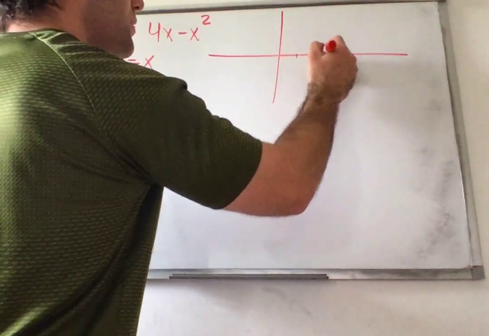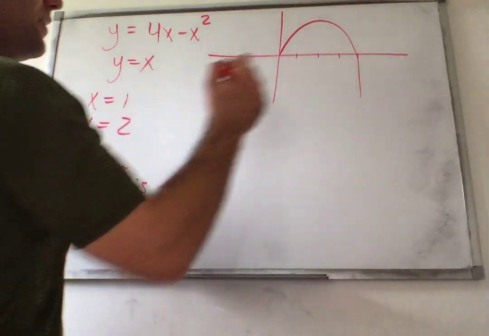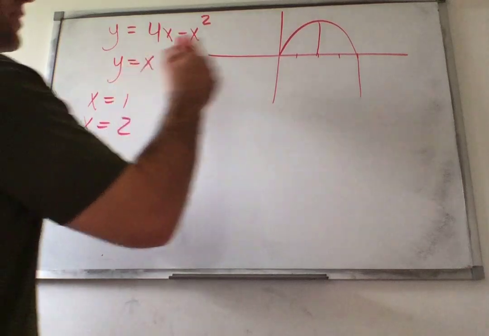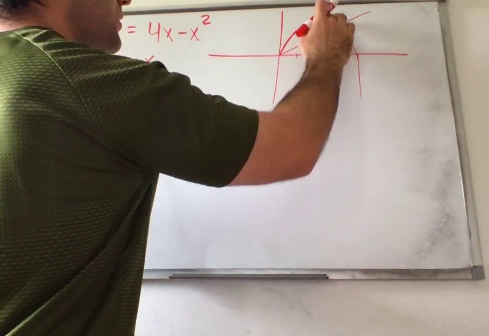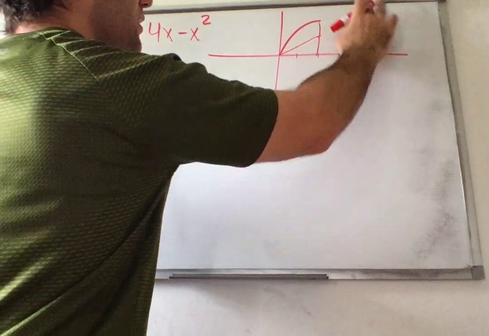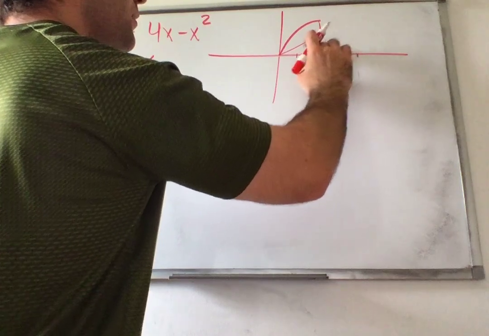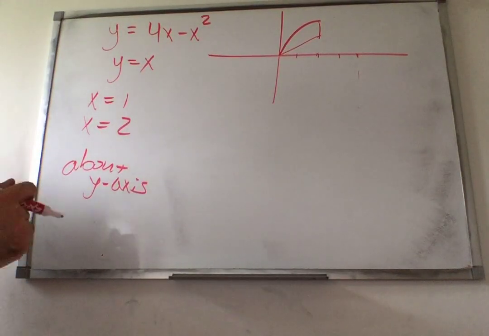Let's see, 1, 2, 3, 4. Looks something like that. But we're only going from 1 to 2. y equals x. Looks something like that. So we actually don't need any of this. That is the shape that we're revolving around.